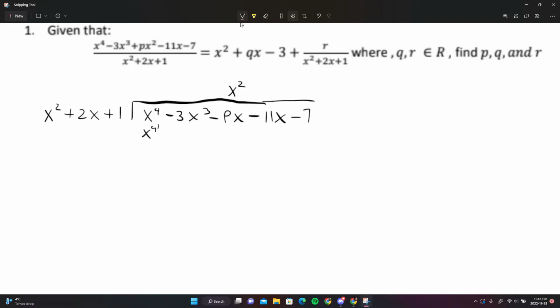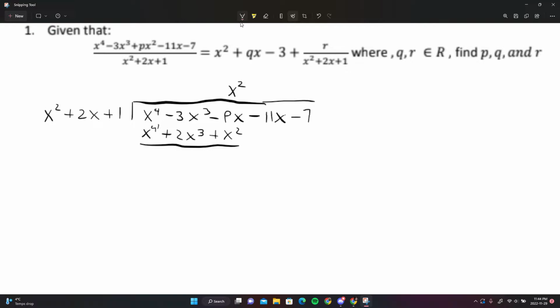And then 2x times x squared is just plus 2x to the 3. And then 1 times x squared is just x squared.